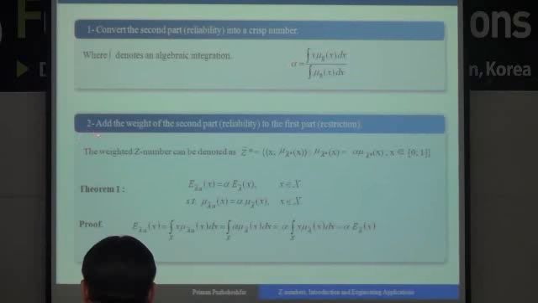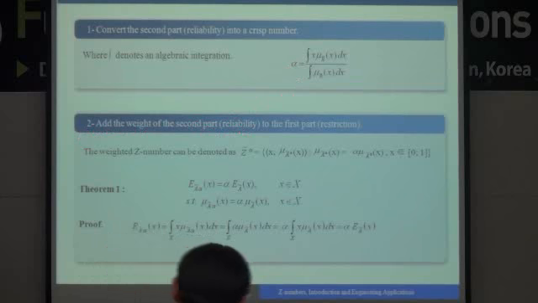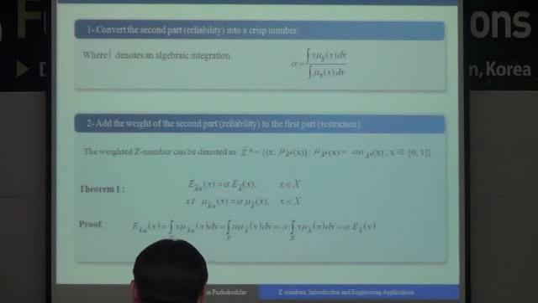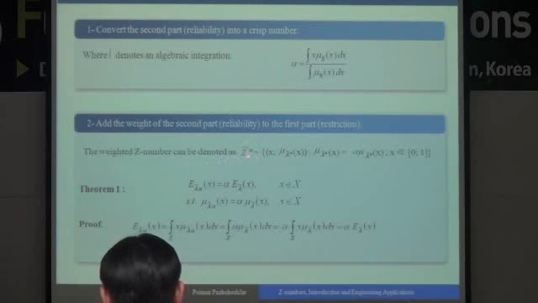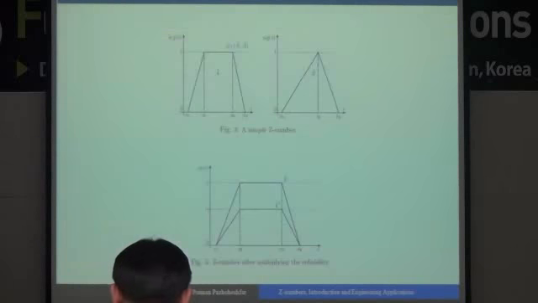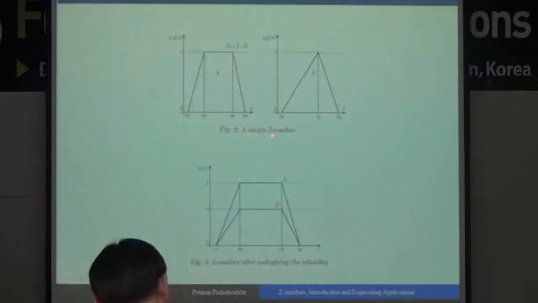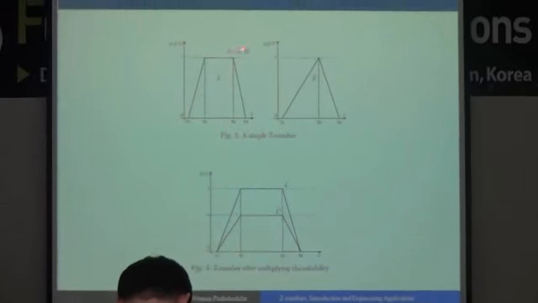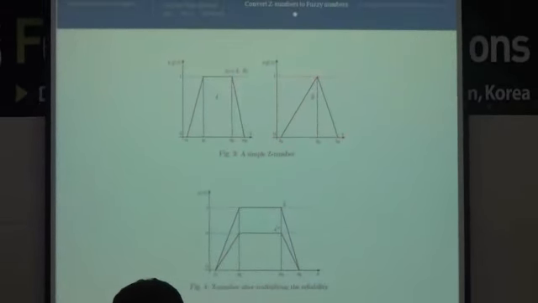In the next step, we add this weight to the second part, which is the reliability, and we can denote it in this form by Z alpha in the fuzzy environment. So you see it's a simple Z number, with a first component and a second component.